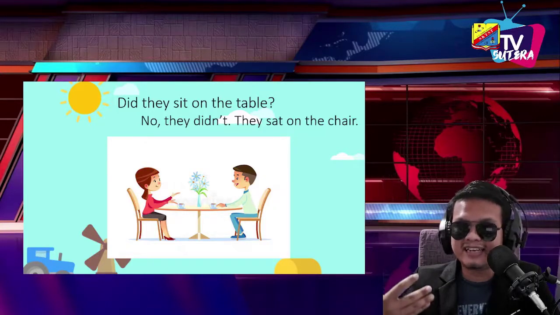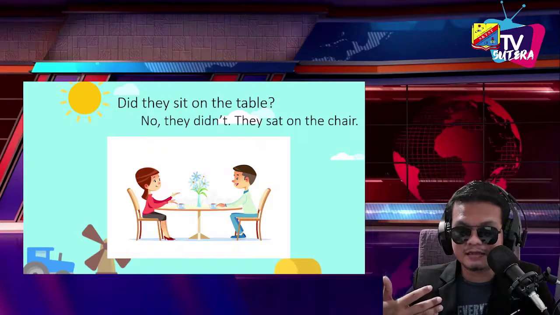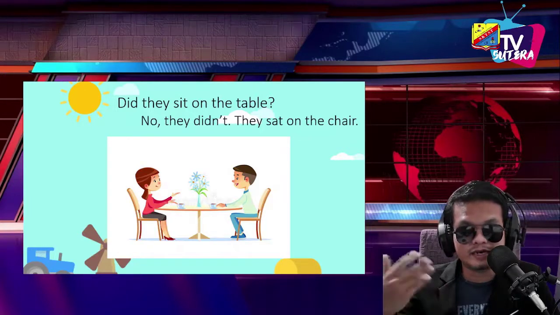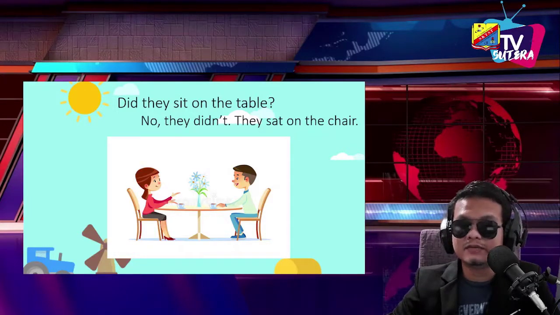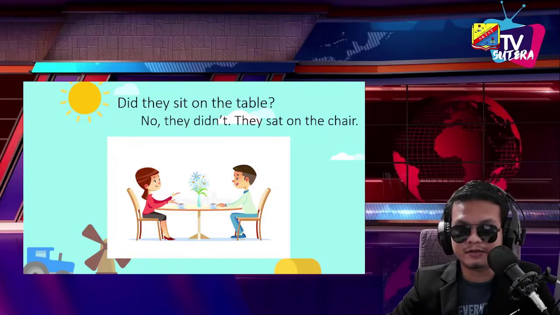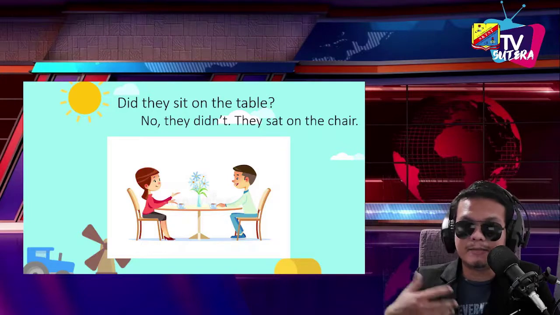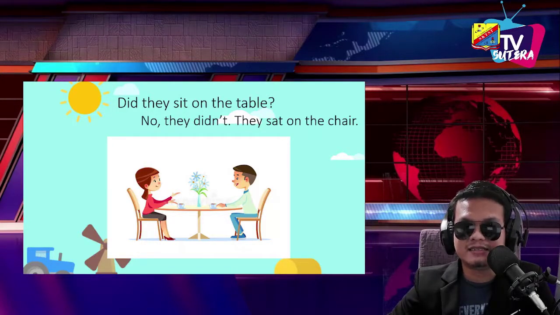So when we add detail, when we put another sentence, the sentence will be in past tense. Since sit is an irregular verb, the past tense for sit is sat. They sat on the chair.